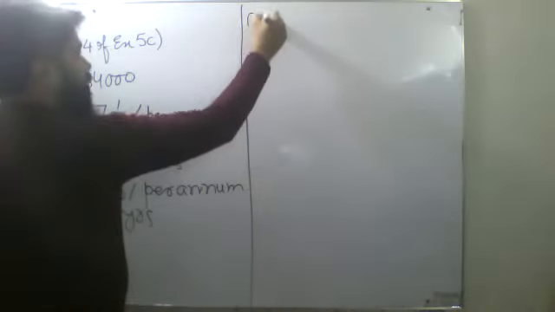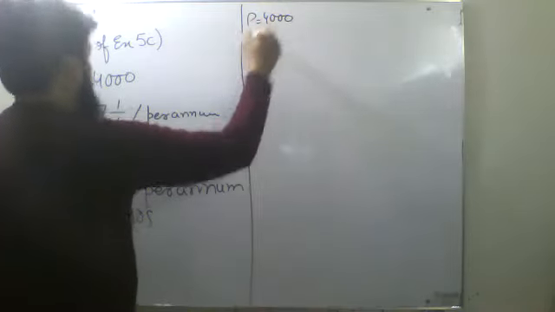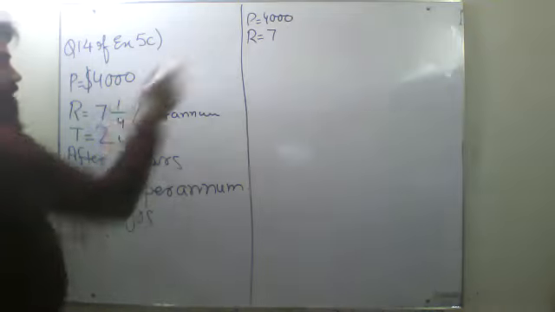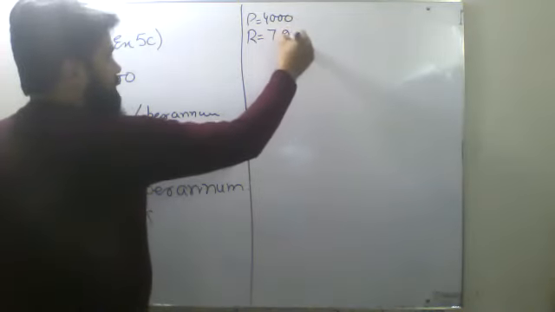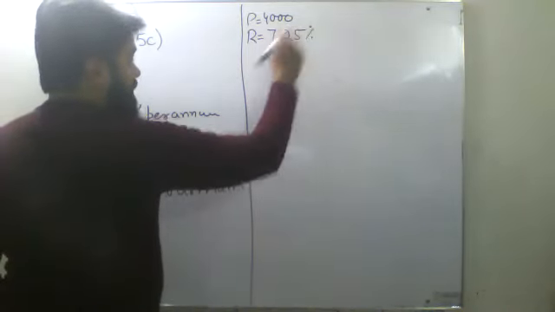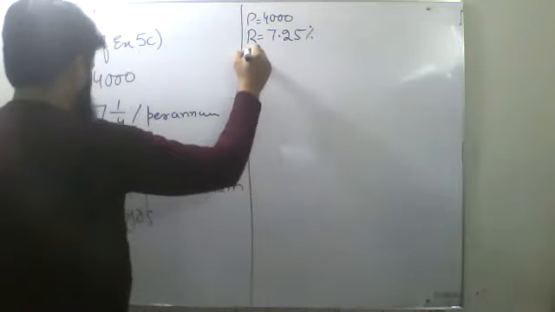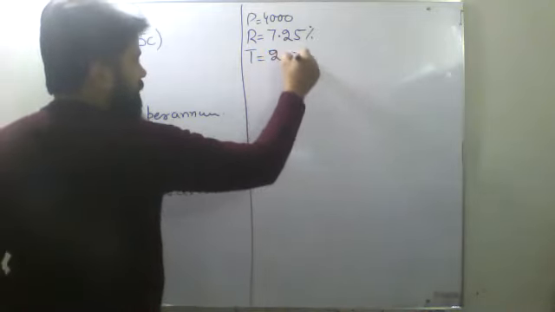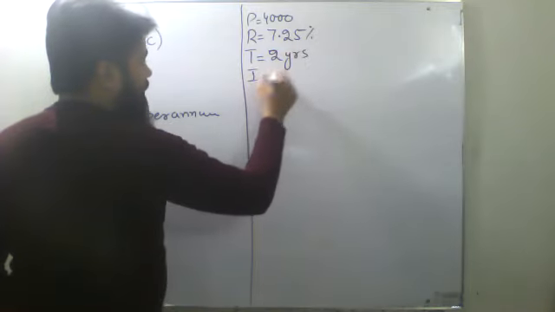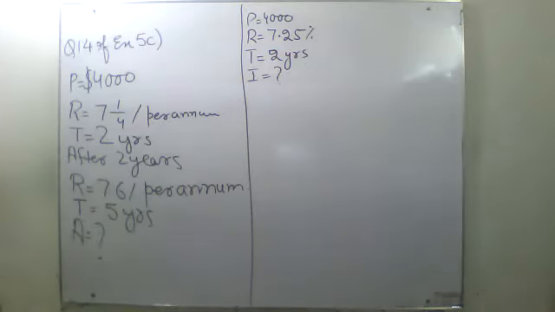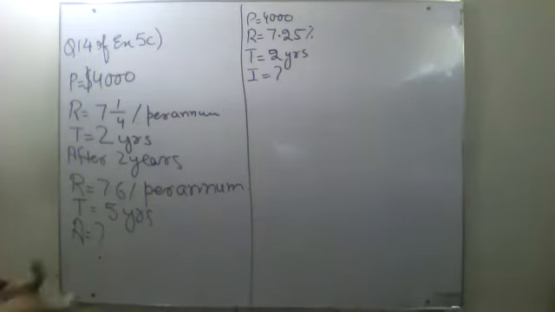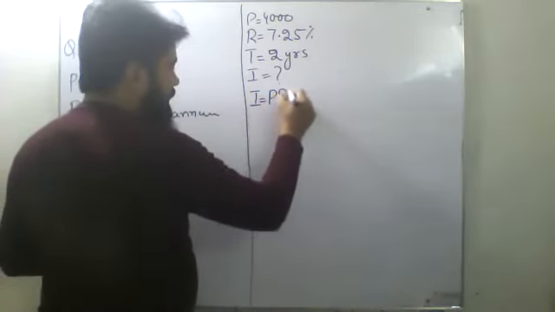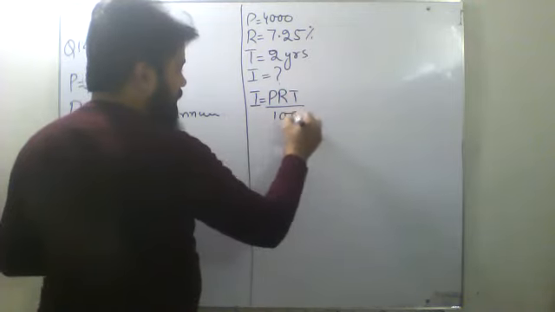Principal is $4,000. Rate is 7 whole number 1 over 4, which will be equal to 7.25%. Time is given 2 years. Okay, and I have to find interest over here. Now how will I solve it? I know the formula. I equals to PRT over 100.